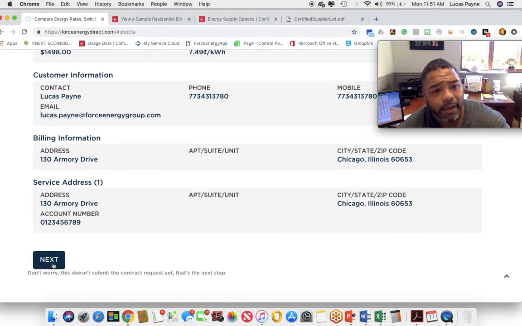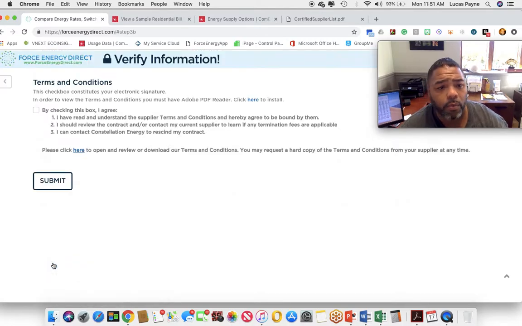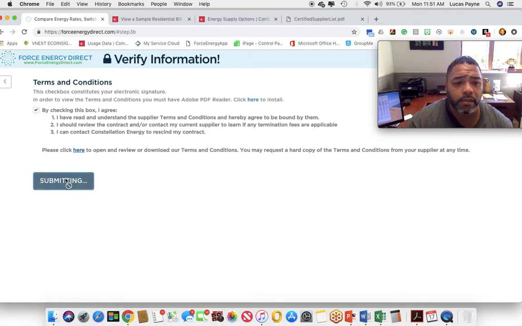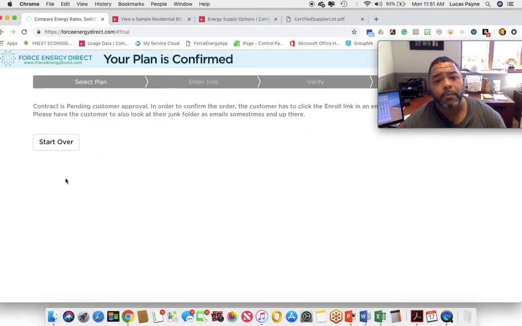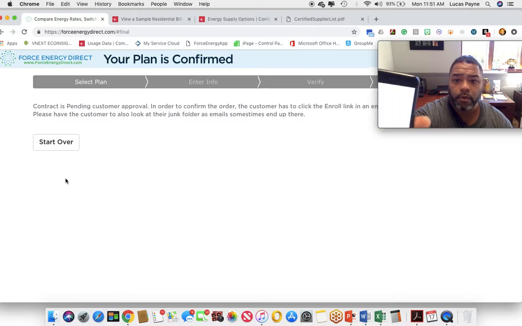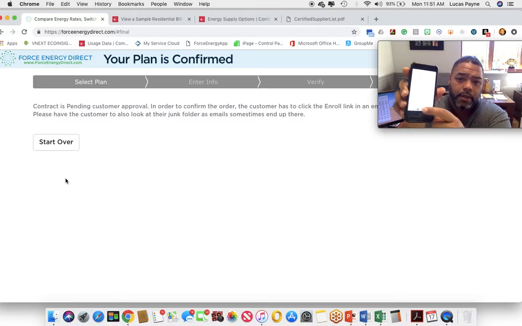We'll click next again after we verify that everything is correct. By clicking this I agree, we click submit. What will happen at this point is that your client is going to get a text or an email. So right here on my phone, because I put my own number in here, I got a text. Let me see if you guys can see that screen.